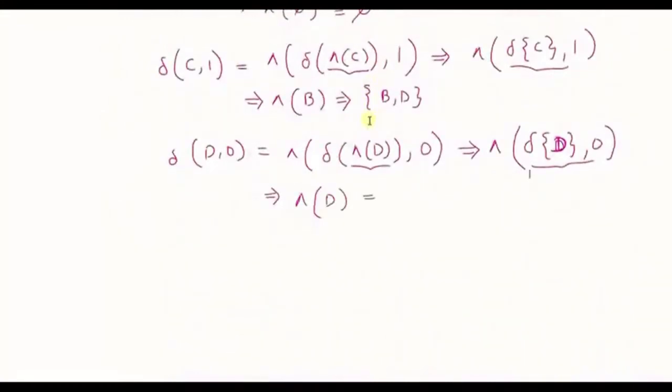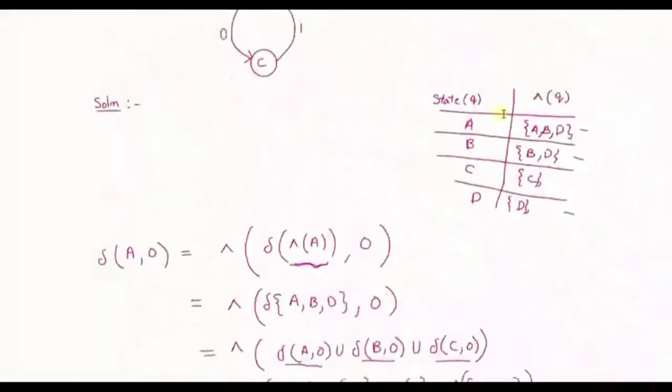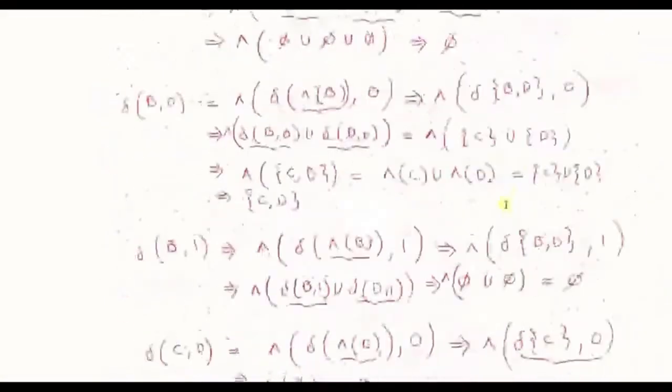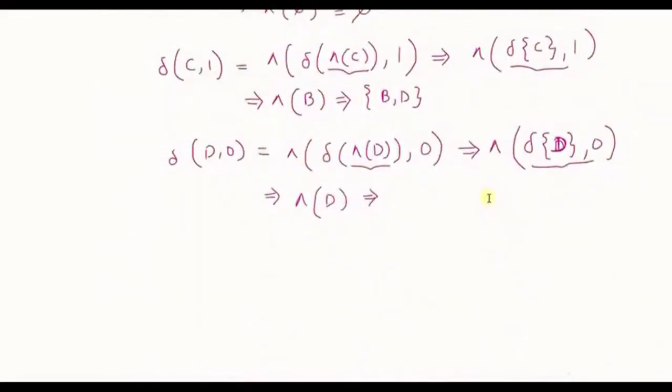Finally, what is closure of state D? Closure of state D will be D itself. So you go to one state only, that is D. Finally, transition of state D on 1 can be written as E closure of delta of E closure of D, okay, on reading 1.